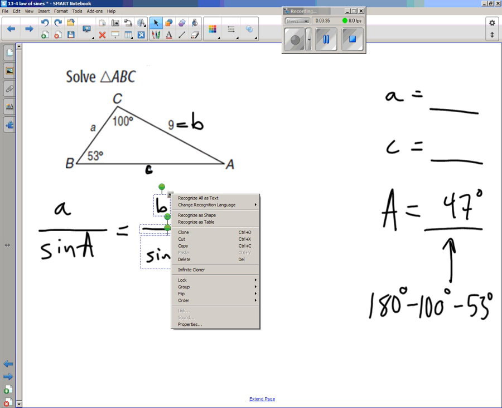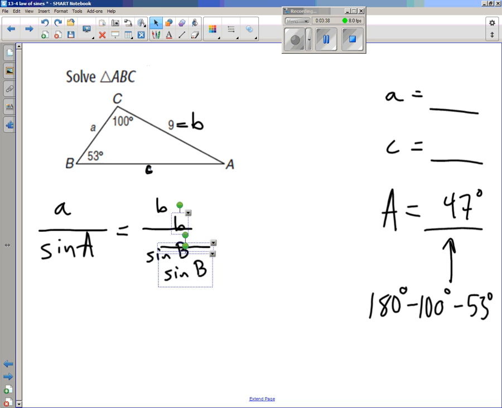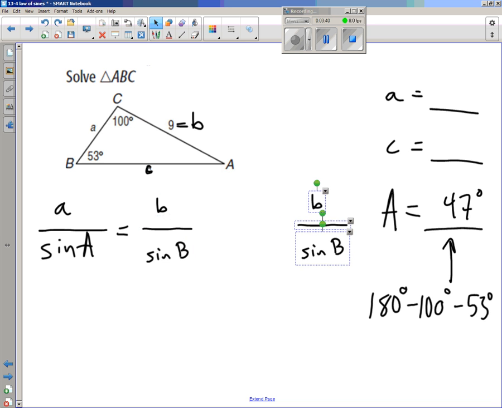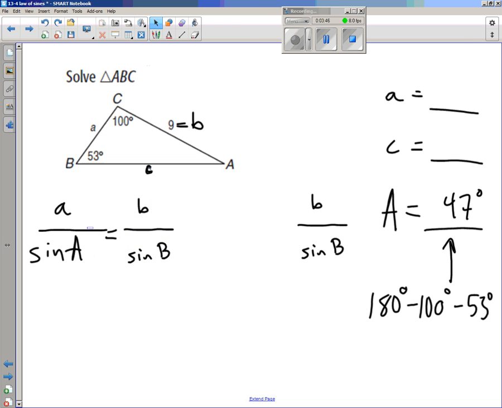And then we're also going to use little c and big C to find c. So little c over sine C. Notice it's basically two separate problems, one to find little a, one to find little c.